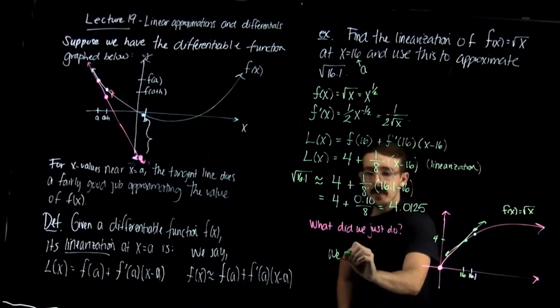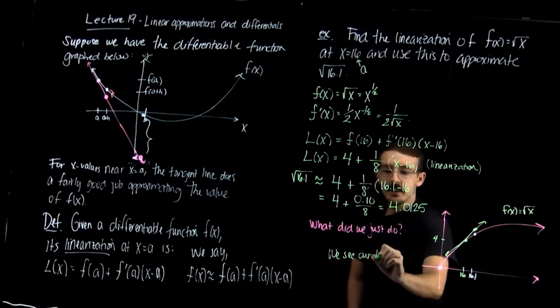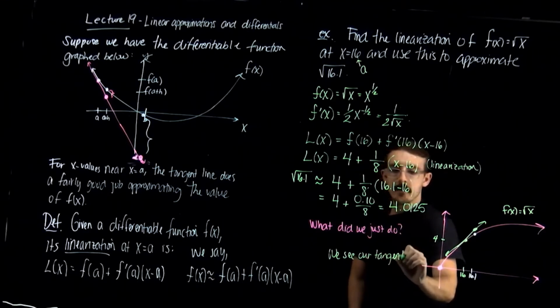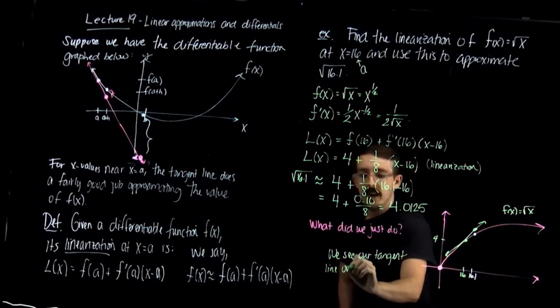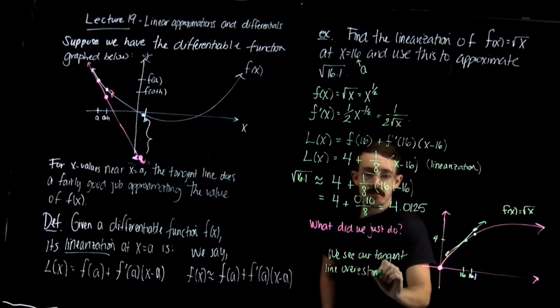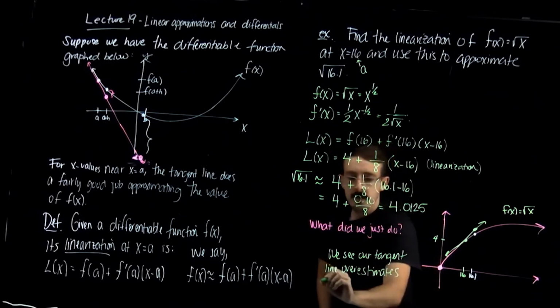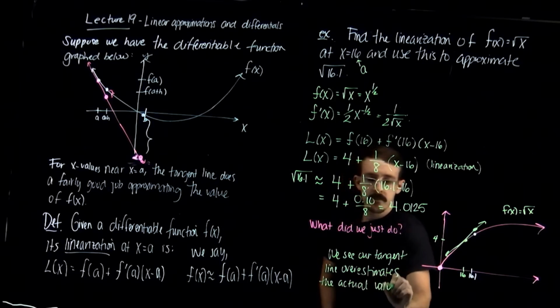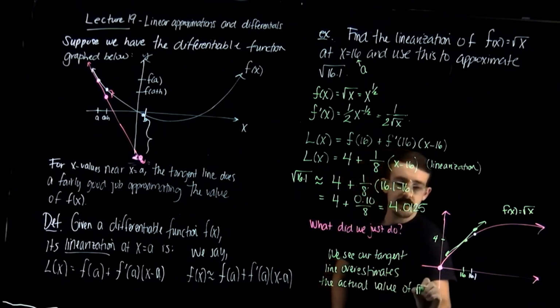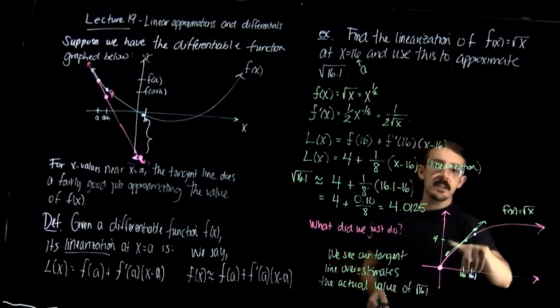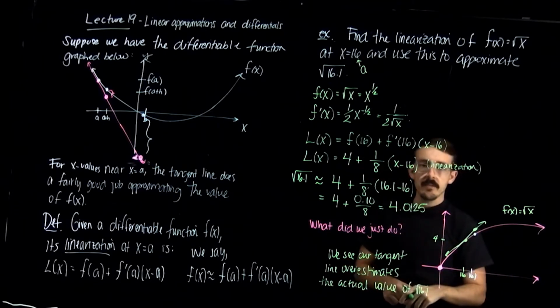So we see our tangent line overestimates the actual value of the square root of 16.1. You know that because the tangent line is above the original graph.